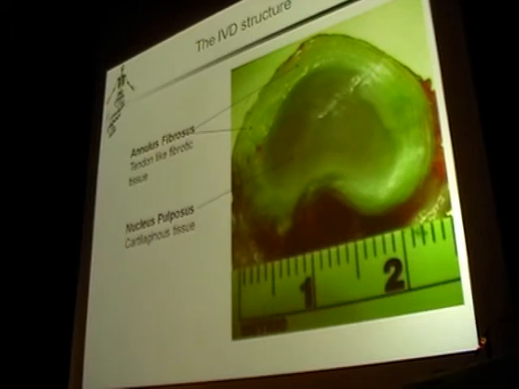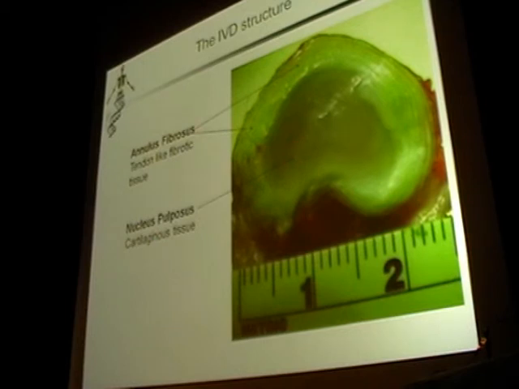intervertebral disc tissue itself. If we look at the intervertebral disc, it is composed of two tissues. The first is the surrounding tissue called the annulus fibrosus. This is a tendon-like fibrotic tissue that quite resembles the tendons found in the skeletal system.